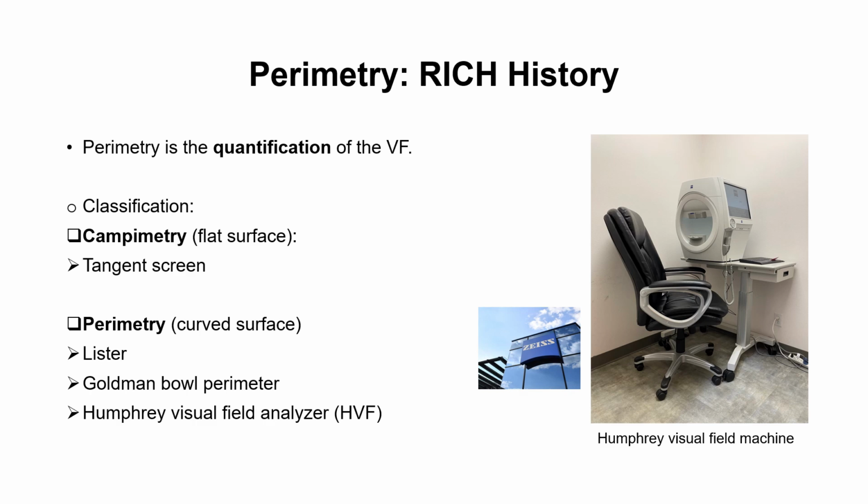And the Goldmann perimeter is manual and kinetic or static, and it has a hemispherical bowl with a radius of around 33 centimeters, where the subject also sits at 33 centimeters, and it has stimulus size ranging from 1 to 5 and stimulus intensity ranging from 1 to 4, and we said this is the convention introduced by the Goldmann perimeter. It tests not only the central 30 degrees, it extends beyond 30 degrees, including the peripheral field.